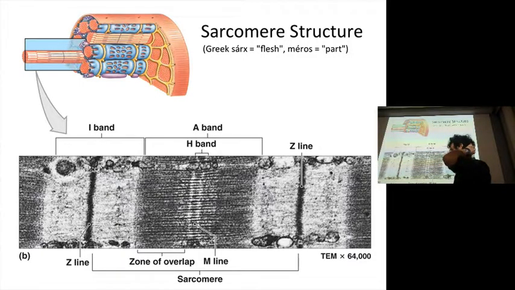The first German microscopists that identified this used German terms to depict a lot of this, and so we'll see that as I go through identifying each of these regions. This dark band is what we call the A band. A band stands for anisotropic, and I band is isotropic. The lighter color band is isotropic.